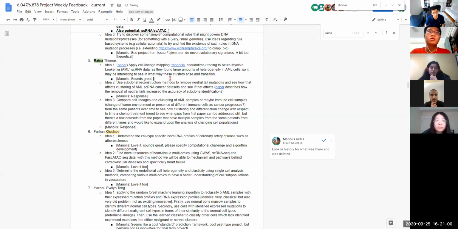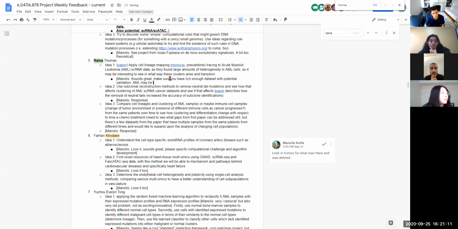Sounds great. Make sure you have a rich enough data set with validation. AML may be too easy a data set. But overall, it's a great area.